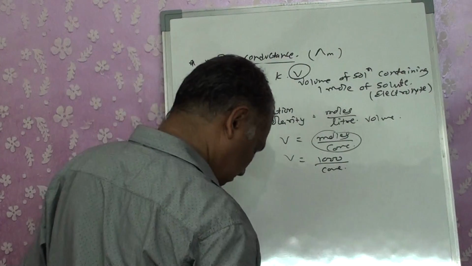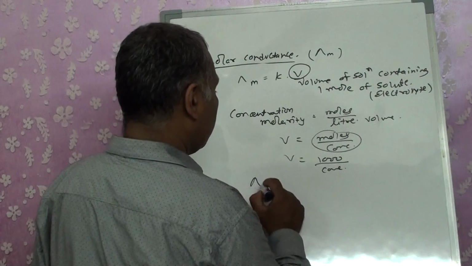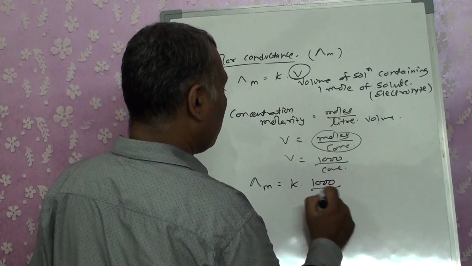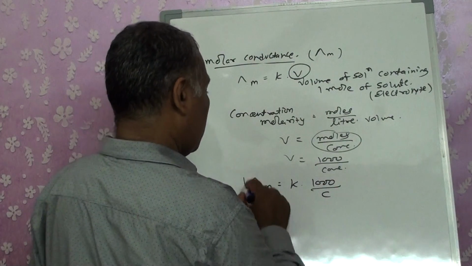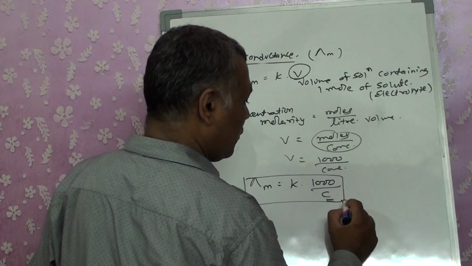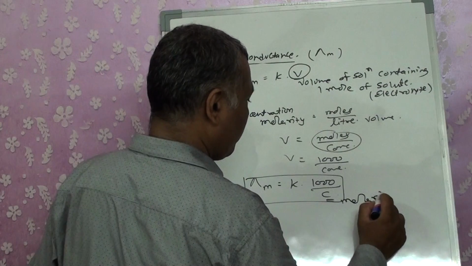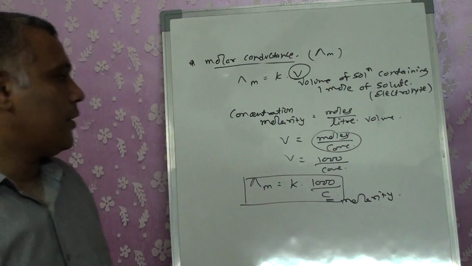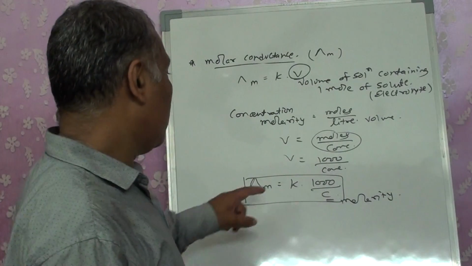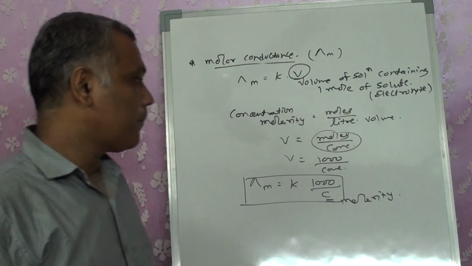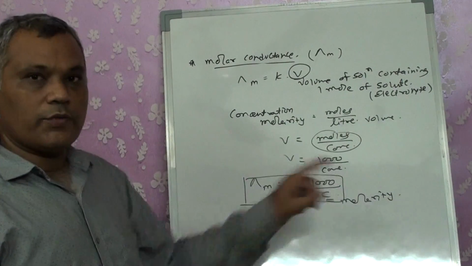As a result, molar conductivity equals K into 1000 by C, where C is in terms of molarity. So Λm is equal to K into 1000 by C. We just converted this value.